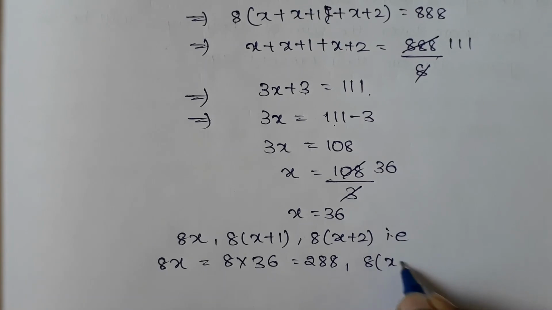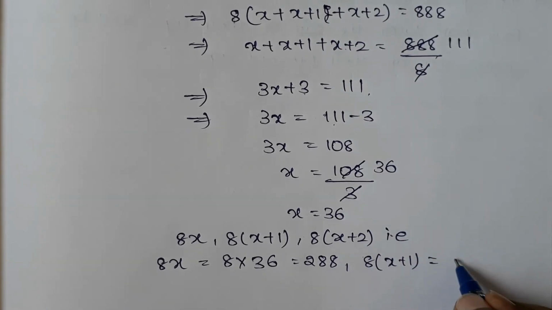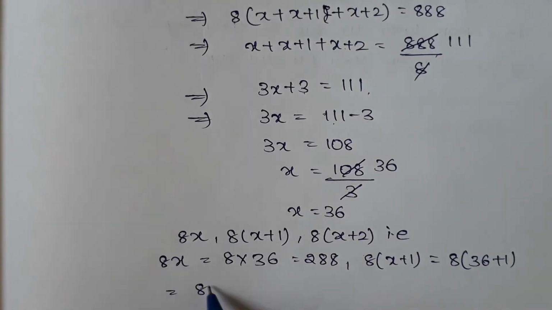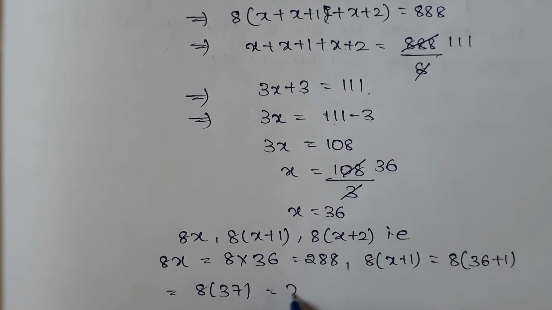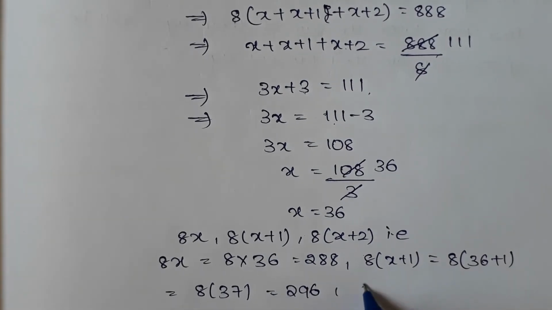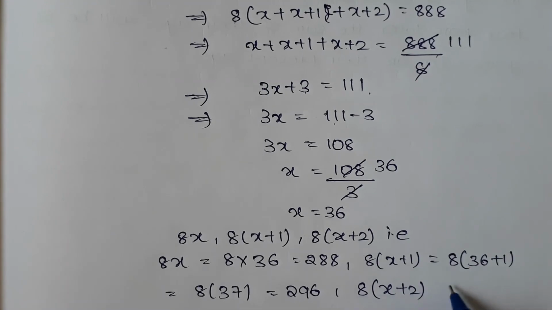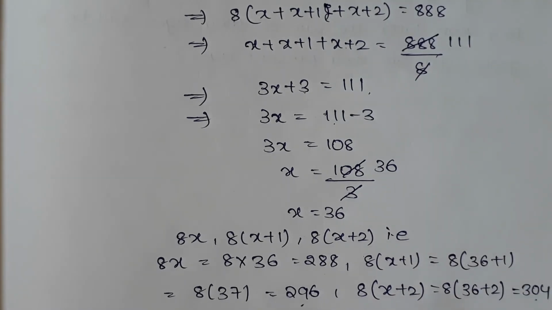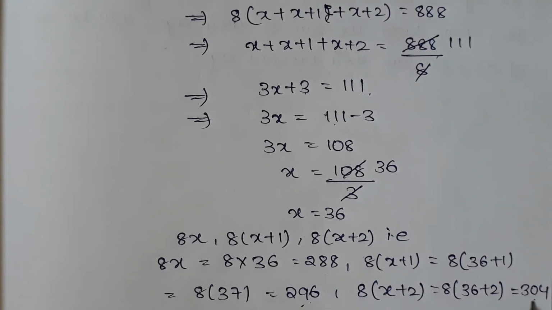And 8 into x plus 1 equals 8 into 36 plus 1 equals 8 into 37, that equals 296. And similarly 8 into x plus 2 equals 8 into 38, that equals 304. And here 288, 296 and 304 are the three consecutive multiples of 8, and their sum is 888. And this is about the seventh question.